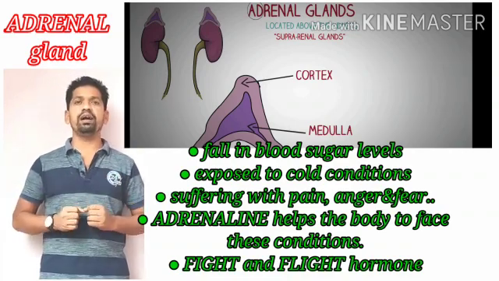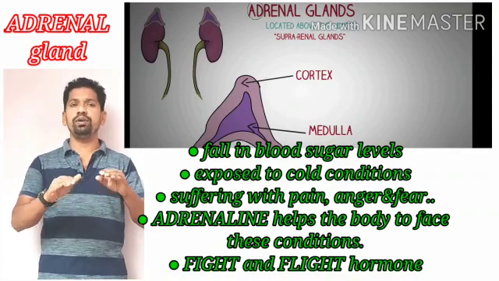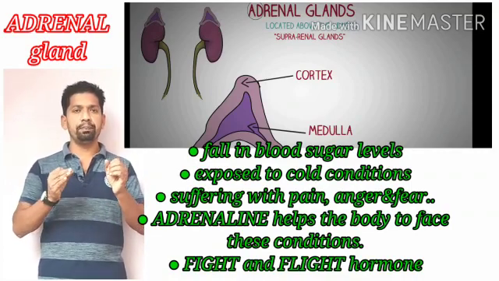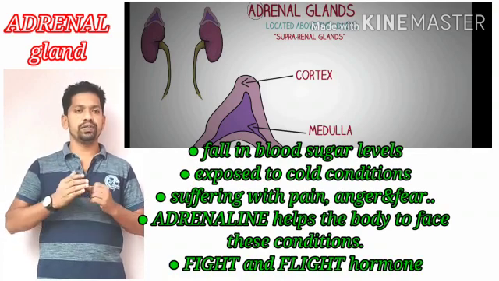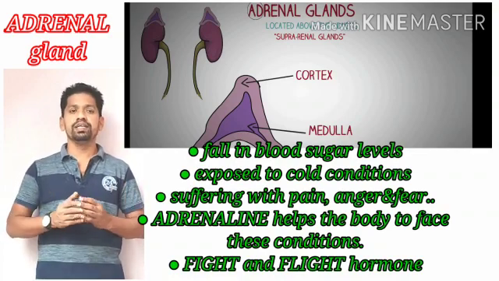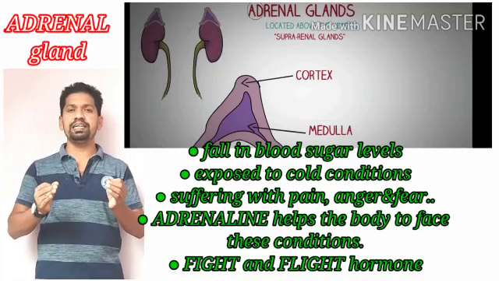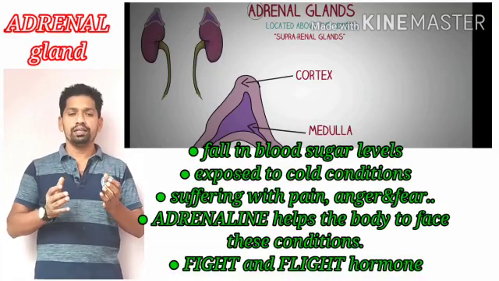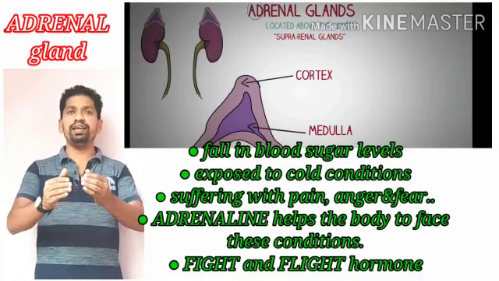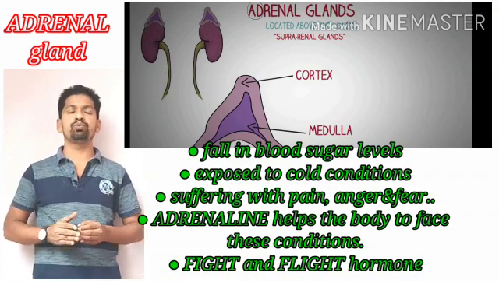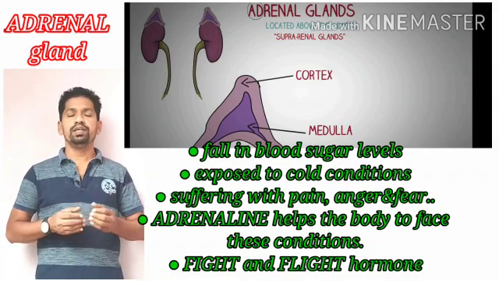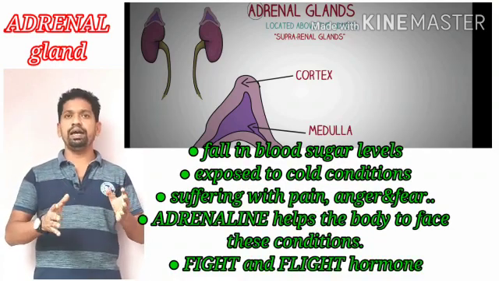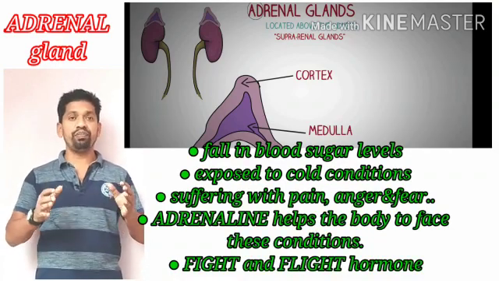When we are suffering from pain, during angriness, during fear, these types of situations are controlled by, or the body has the ability to face them through, only one hormone known as adrenaline. During angriness and fear, the heartbeat rate increases.